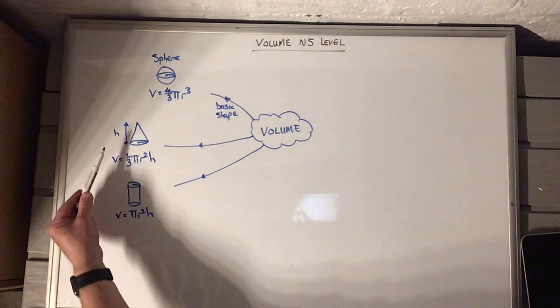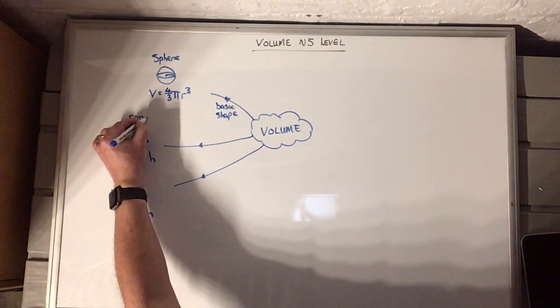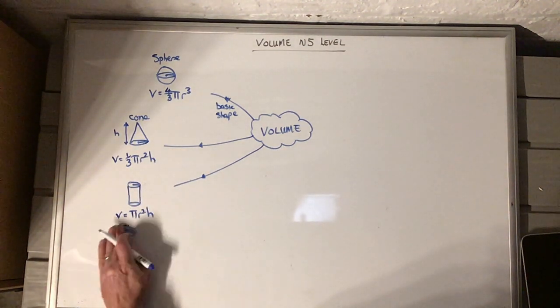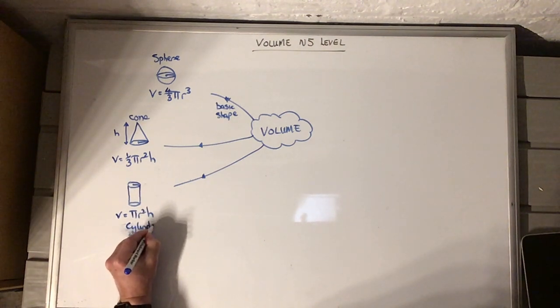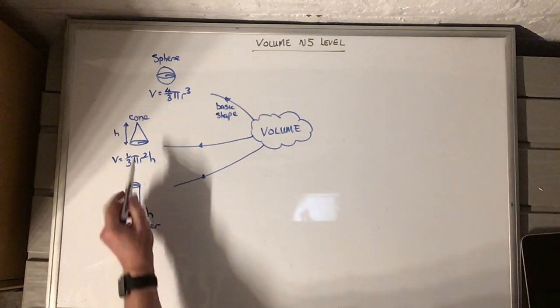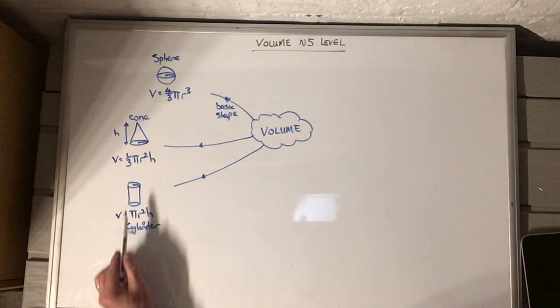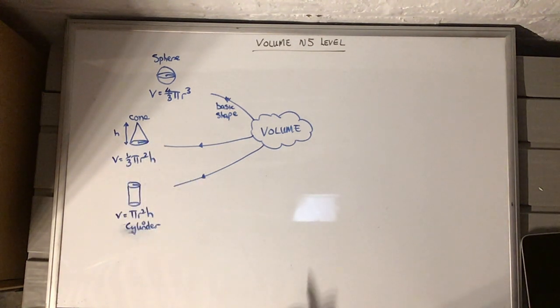So hopefully you see there the cone, we call that a cone, and we call that a cylinder. Okay, so cone is 1/3 of what a cylinder is. The formula's almost the same, but it's only 1/3 for the cone because we've got less of it.